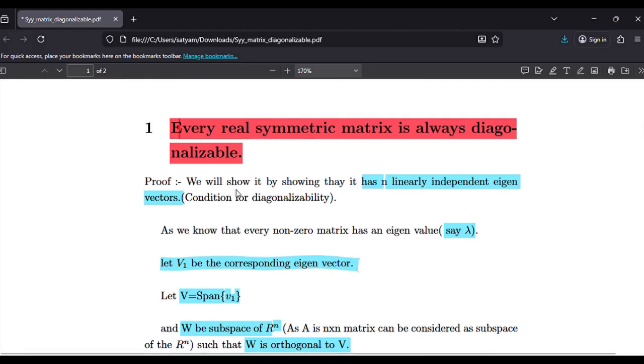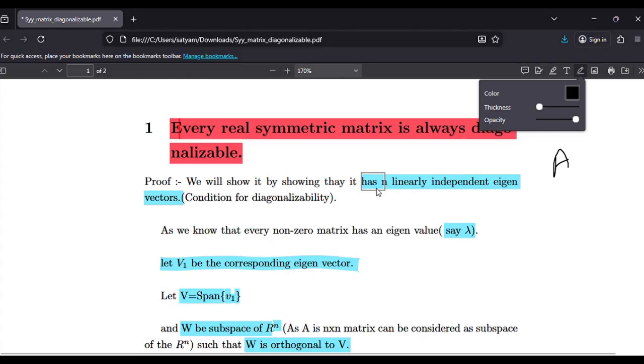We will show it by showing that it has n linearly independent eigenvectors. For any matrix A, if you want to show it is diagonalizable, we need to show we have n linearly independent eigenvectors for A.